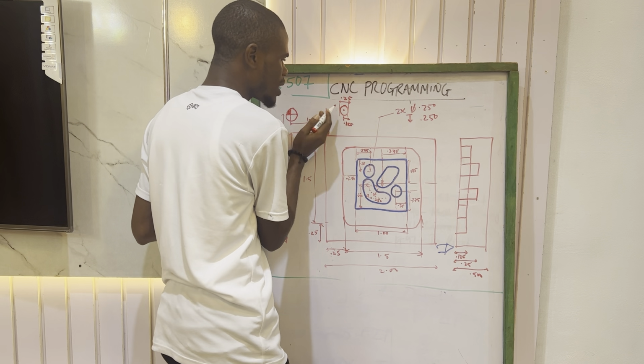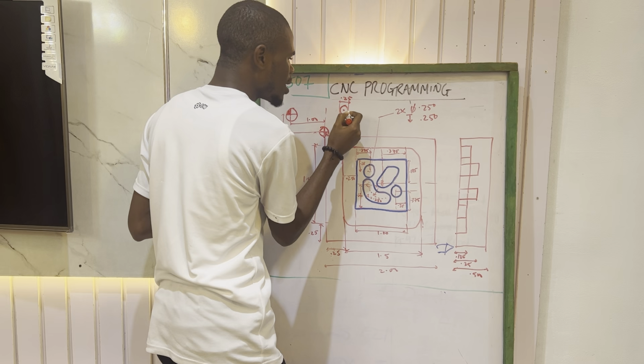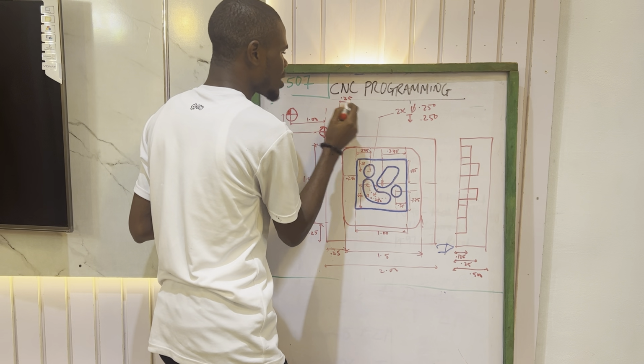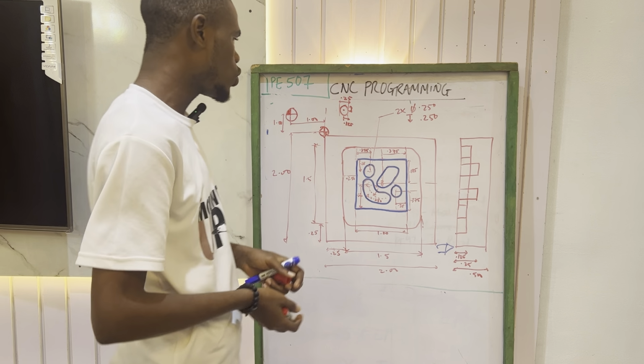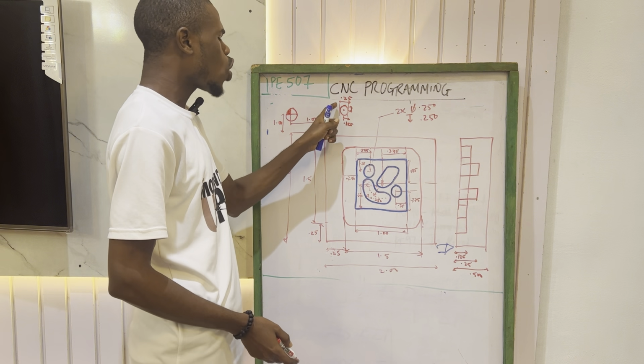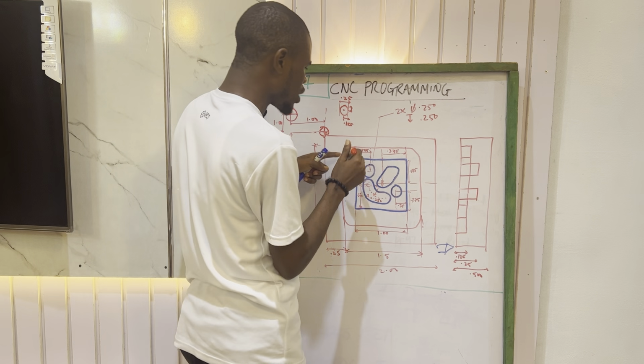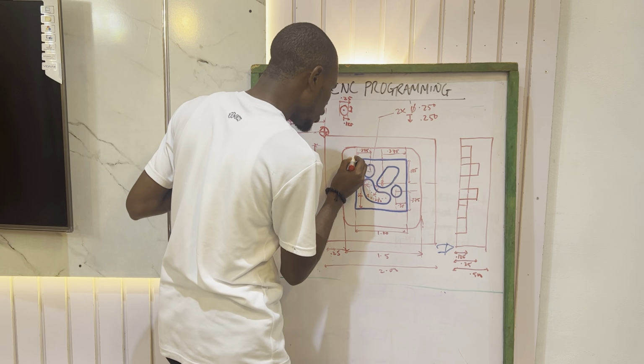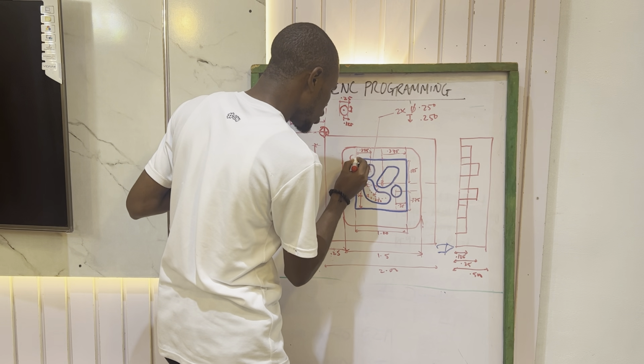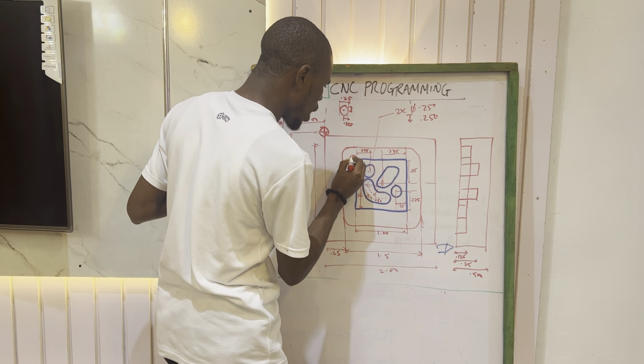The same thing with this side, the upper side, and this other side. The radius is 0.125. Do you get? So now, if this cutting tool is brought to this particular position like this, yeah.